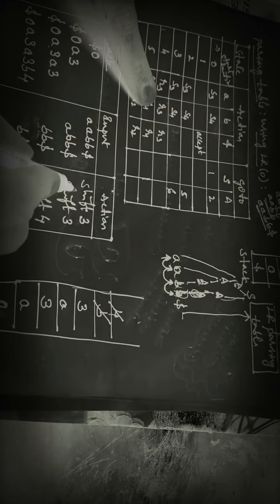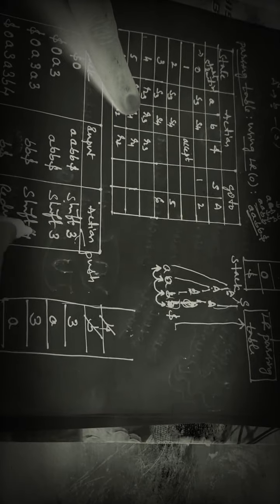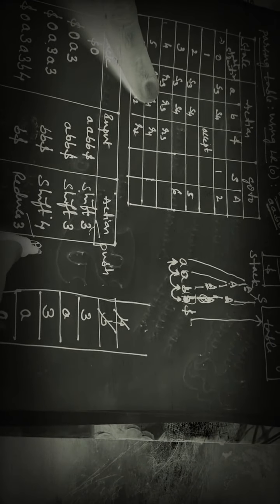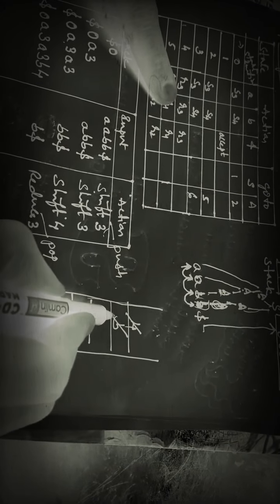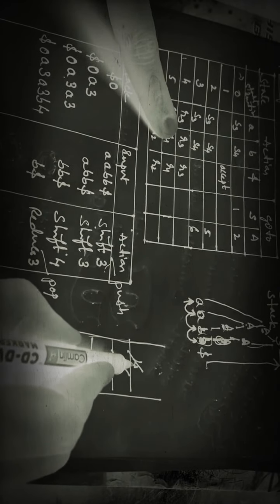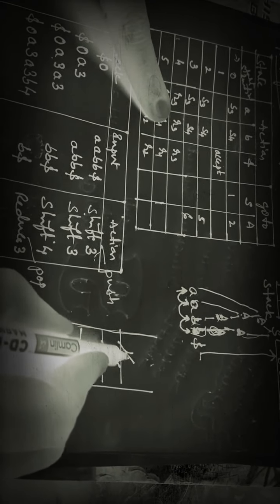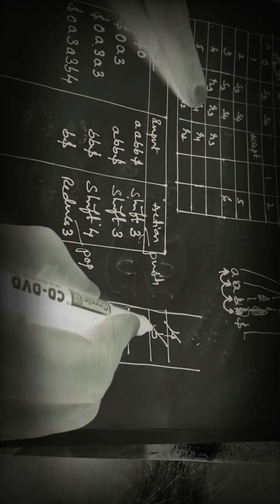So here one point you remember, shift is nothing but push. Reduce is nothing but pop. Okay, so it is going to pop the element B. Along with this element B, it is also going to pop the state number. In order to reduce one element, it is going to remove two elements from the stack: input symbol B along with the respective state number of that.